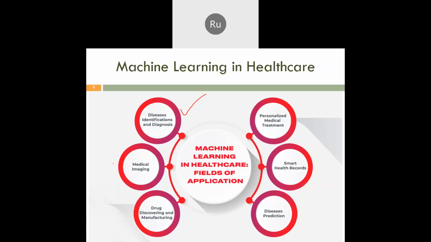We also can use medical imaging in classifying the type of disease that we have. For example, we're looking at the brain tumor image. We can decide whether a person can have a brain tumor based on the MRI scan that we have.